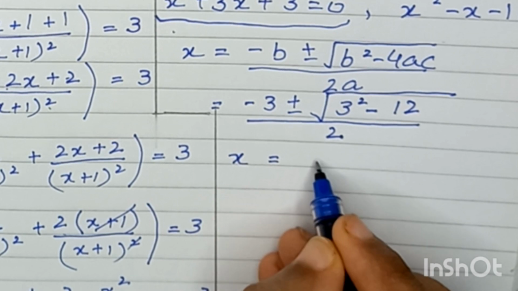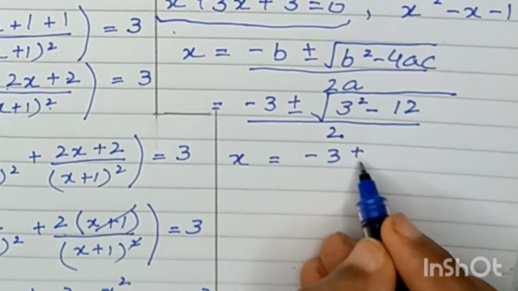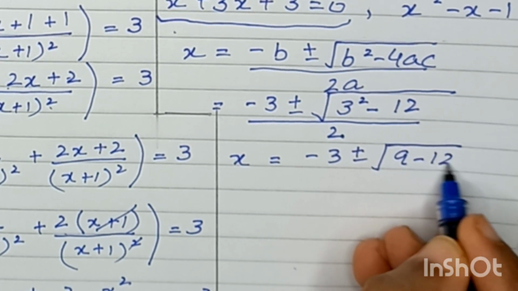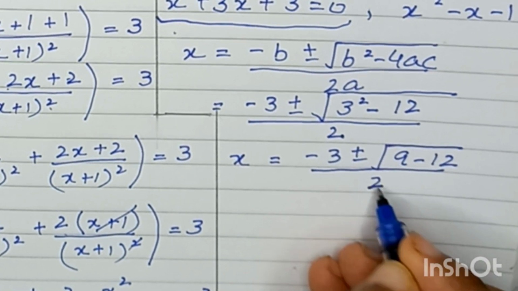So x will be equal to minus 3 plus minus square root of 3 square, meaning 9, minus 12, divided by 2.